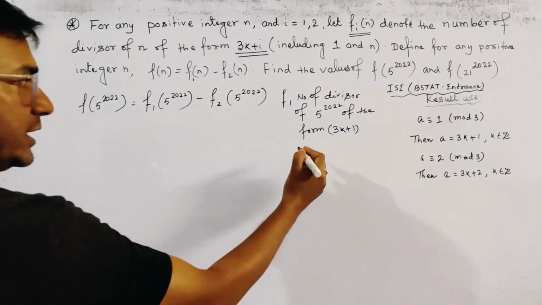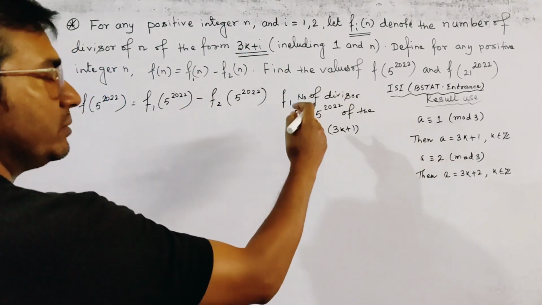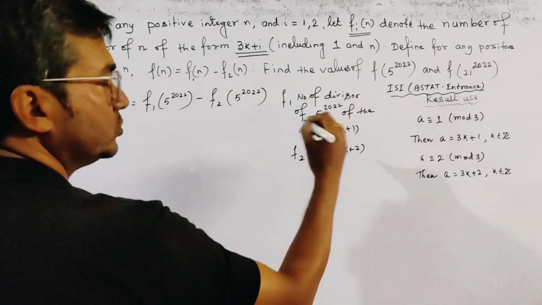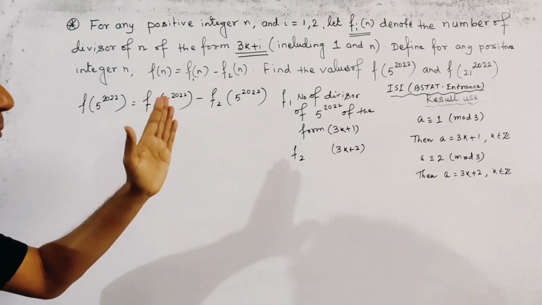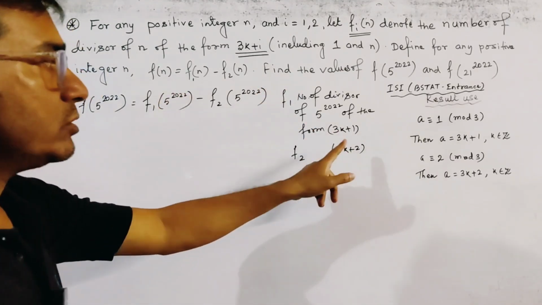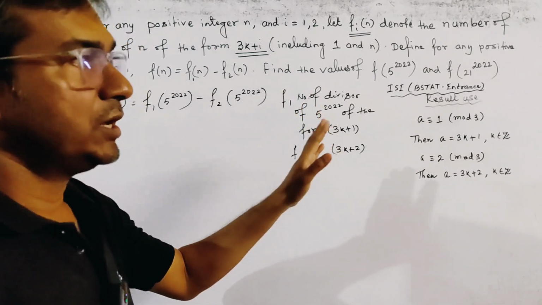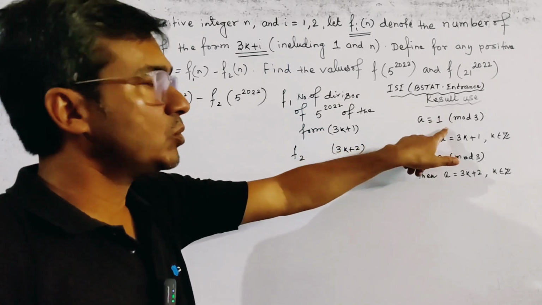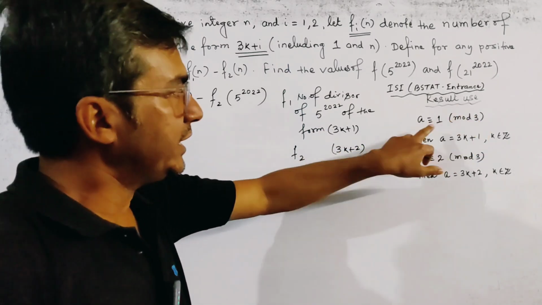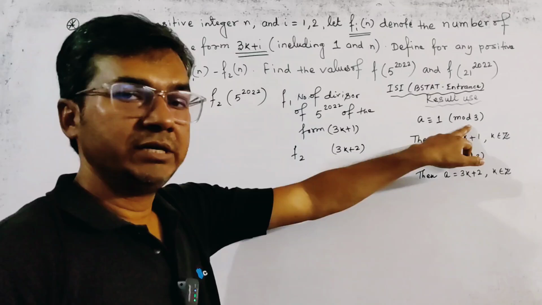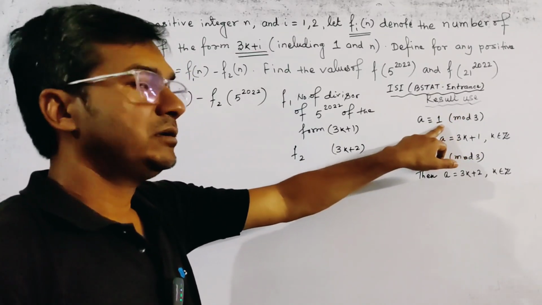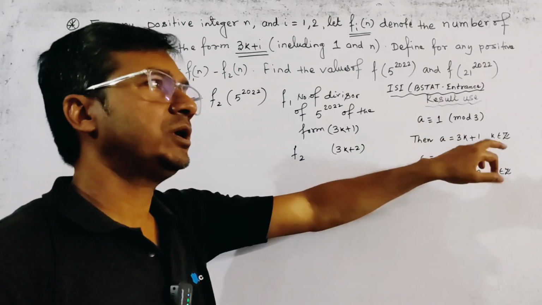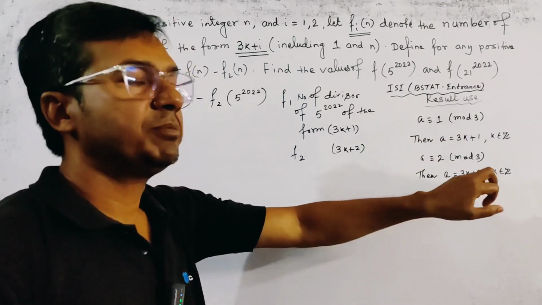Similarly, the meaning of f_2 is the number of divisors of 5 to the power 2022 of the form 3k plus 2. To find the divisors of the form 3k plus 1 or 3k plus 2, we use the concept of congruence. If a is congruent to 1 mod 3, that is, when we divide a by 3 we get remainder 1, then a is of the form 3k plus 1, and similarly a is of the form 3k plus 2.